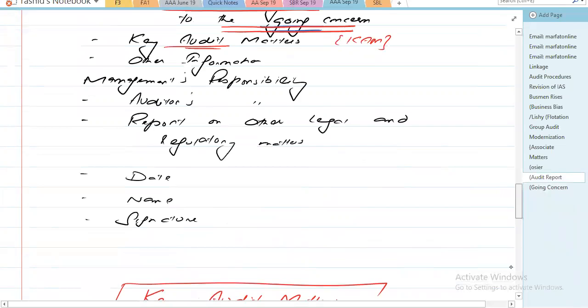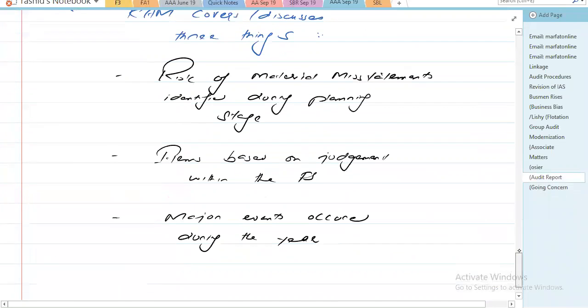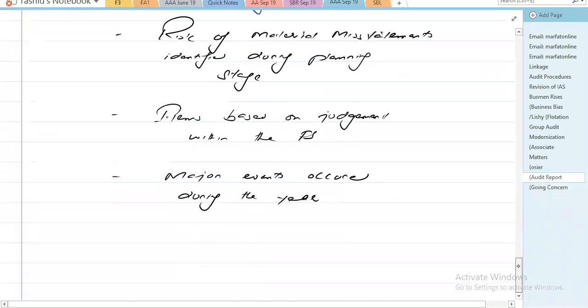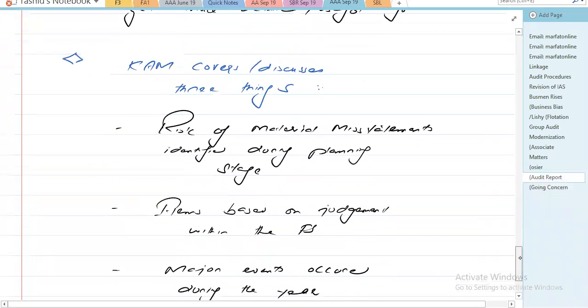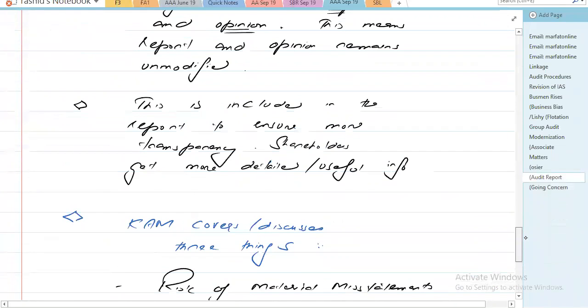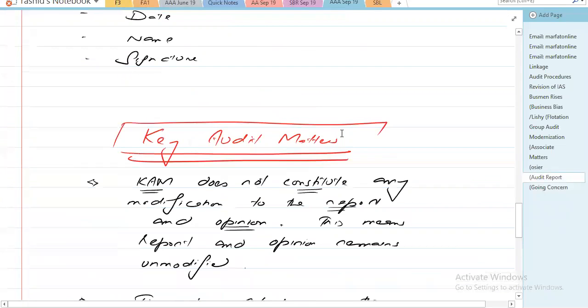So they will feel more comfortable, they will feel more informative, and obviously they will be believing that your conclusion is actually not something normal and you have done some good efforts on it. So these are the things we will be explaining in the key audit matters.